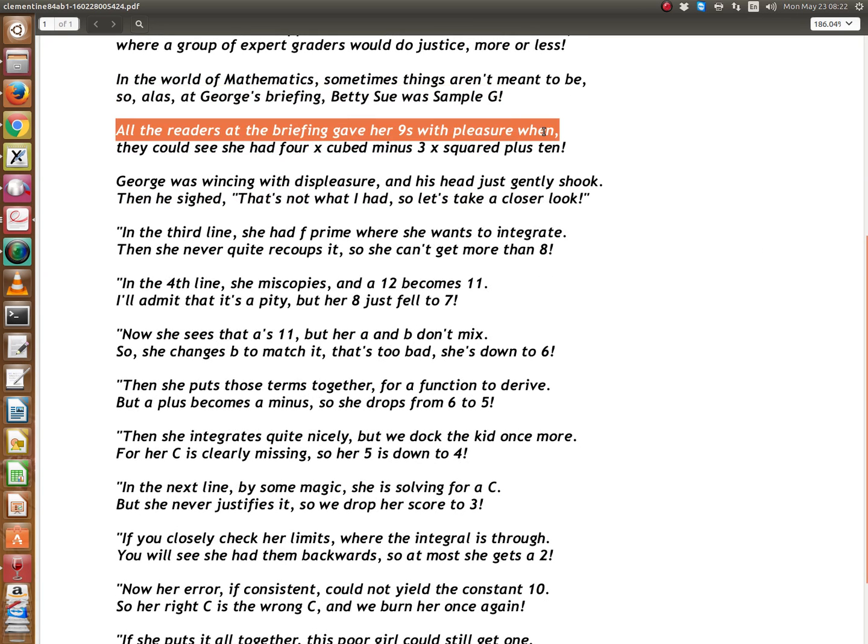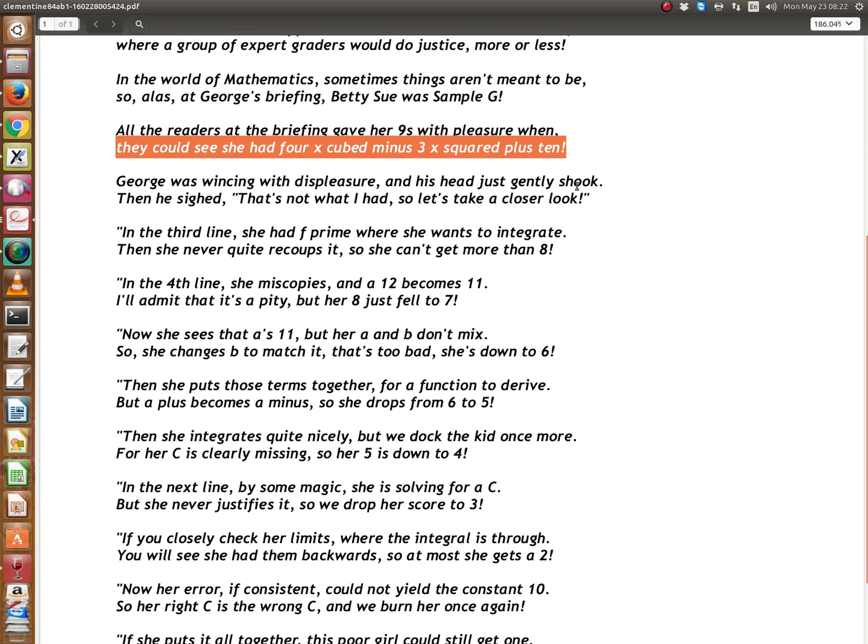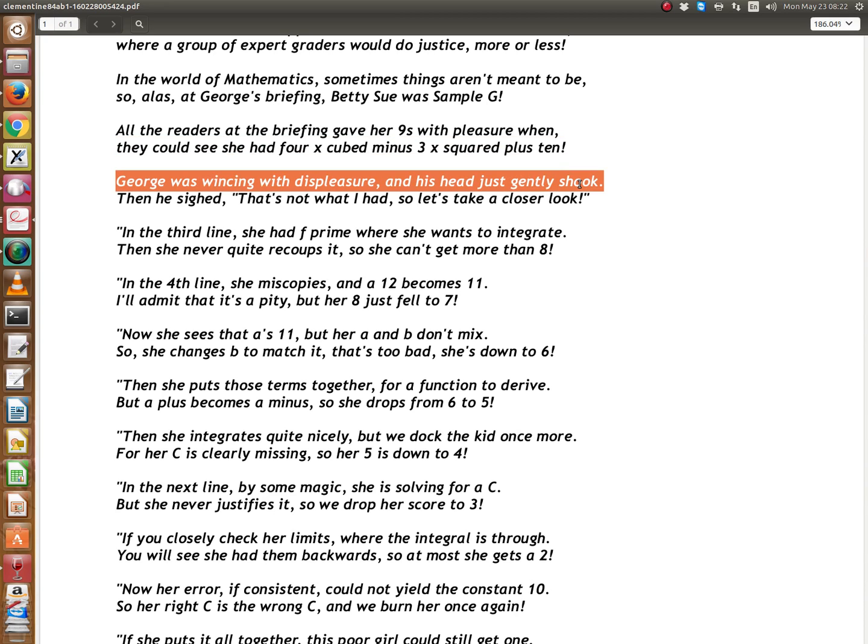All the readers at the briefing gave her 9 with pleasure when they could see she had 4x cubed minus 3x squared plus 10, with displeasure and his head just gently shook. Then he sighed, that's not what I had, so let's take a closer look.